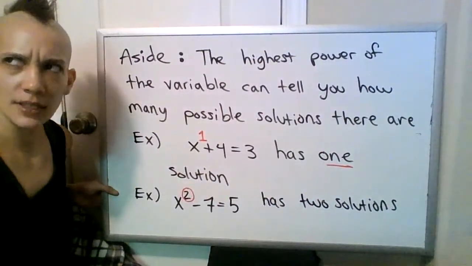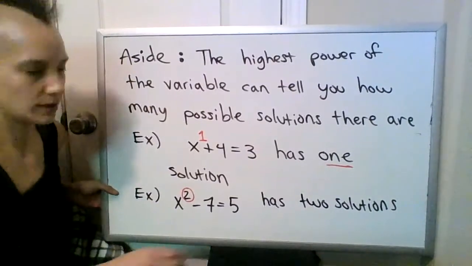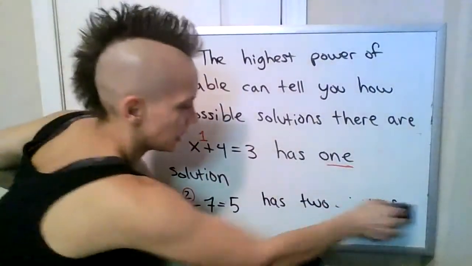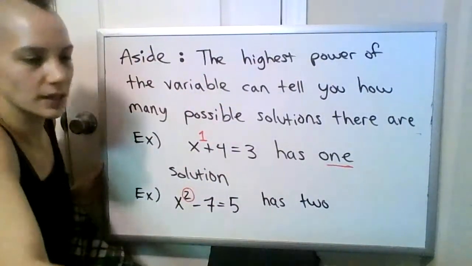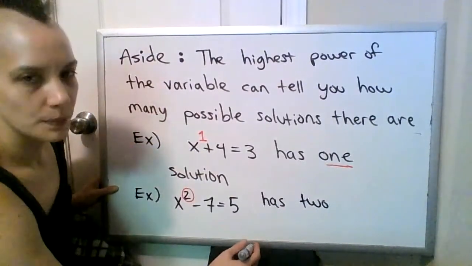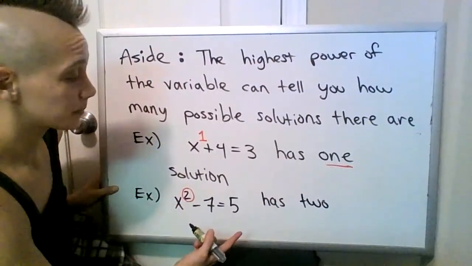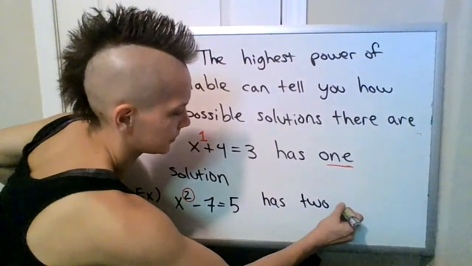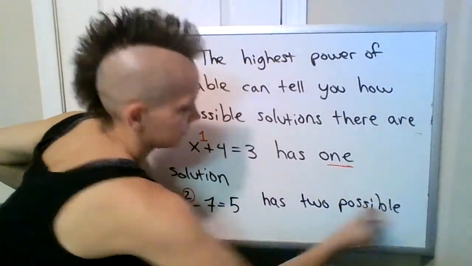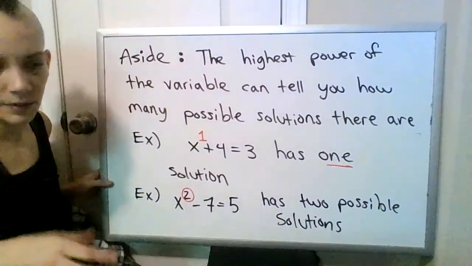And I don't think we're going to work with solving higher degrees or anything. But if you had a variable with a power of 3, you could have 3 solutions. You know, and so on.